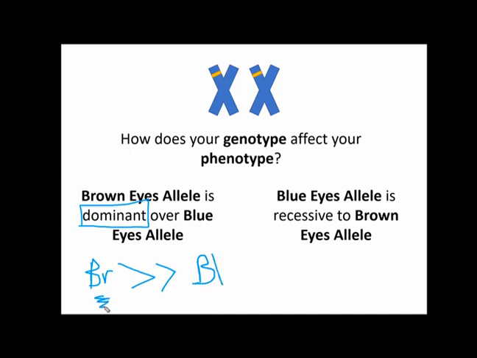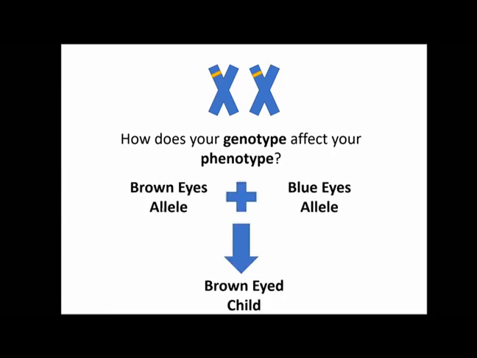We're going to see this pigment better than we would this one if we have the genes for both. And we can look at it the other way. We're saying that brown eyes is dominant over blue eyes. We can also say that blue eyes is recessive to brown eyes. And both of these are telling us that if we have one brown eye allele and one blue eye allele, we're only going to see a brown-eyed phenotype. So our genotype isn't always the same as our phenotype.